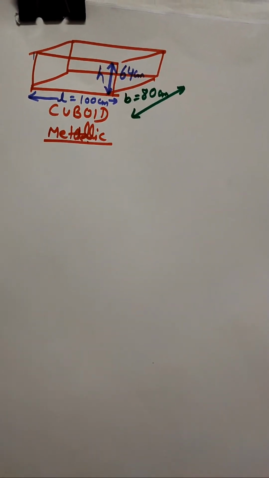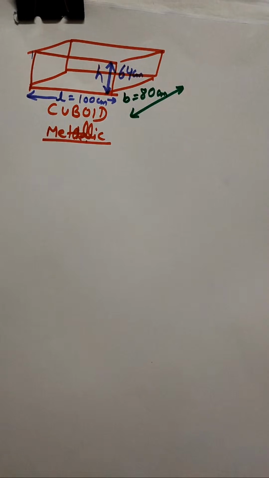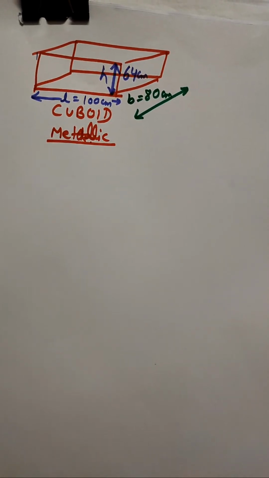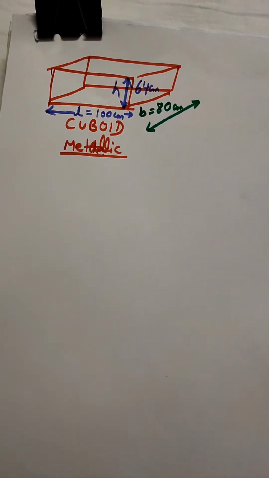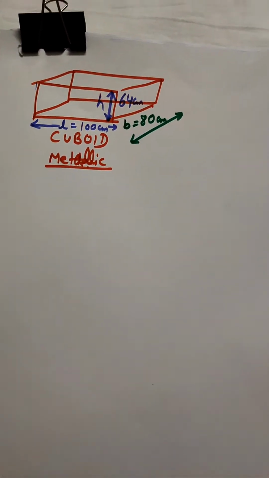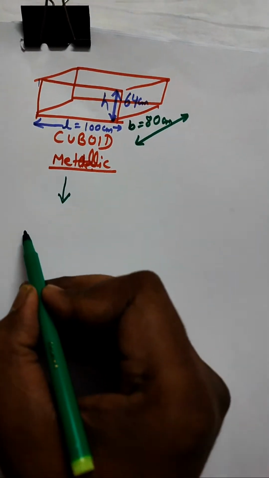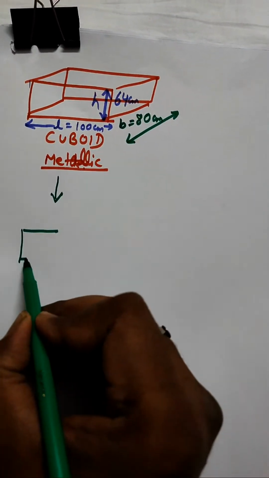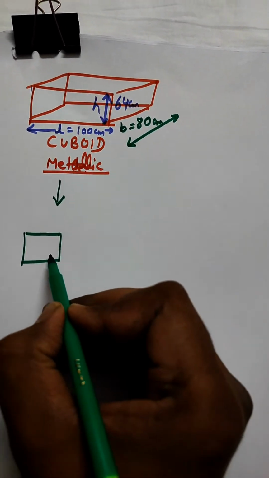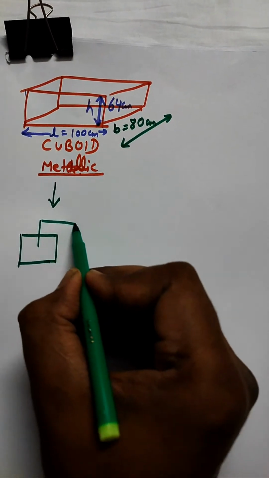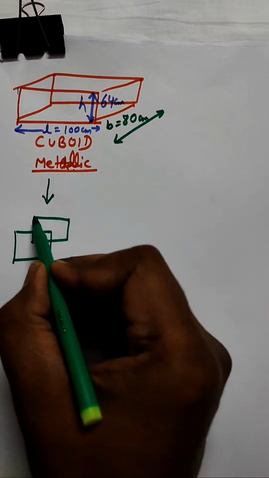So the dimensions of a metallic cuboid are given, and it is melted and recast into a cube, right? So this is melted to form a cube. You know what is a cube? A cube is having all its edges as equal.